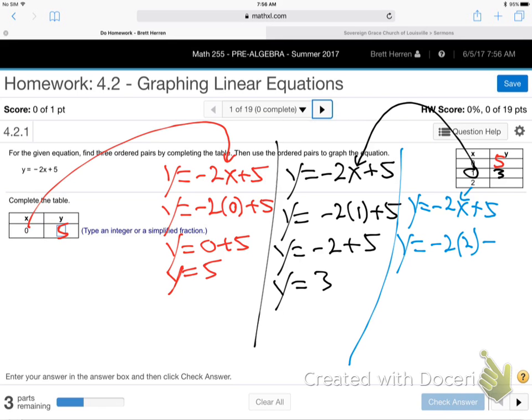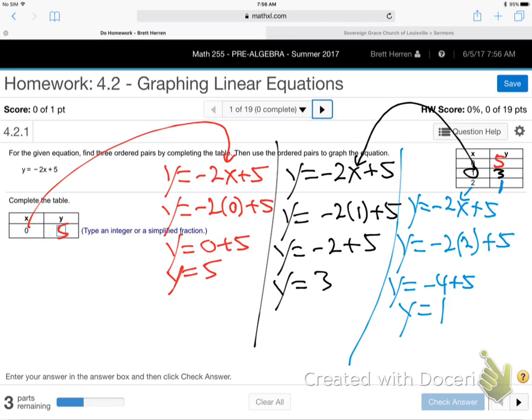So plug in the 2 there for the x. We good to there? We get minus 4 plus 5, positive 1. So y comes out positive 1.